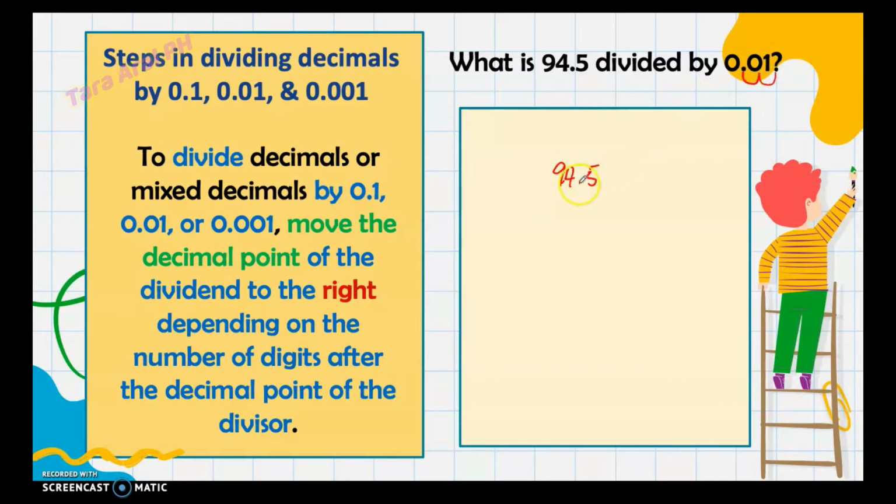Then from here, we move 2 places to the right, 1, 2, and put 0 in the empty place value, and our answer is 9,450. Now, if we divide by 0.1, then we move only 1 place from the decimal point of the dividend, and so on.